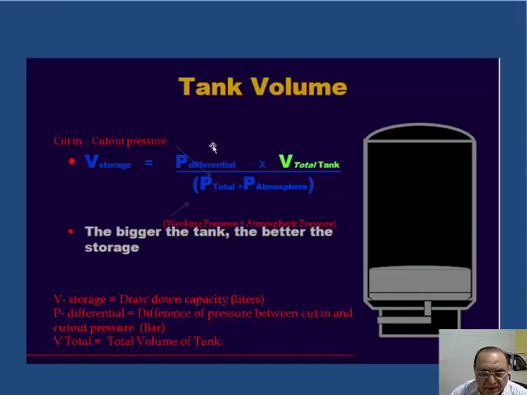After calculating the working pressure, we have to maintain that working pressure in the system. And at that working pressure, the pump will remain closed.